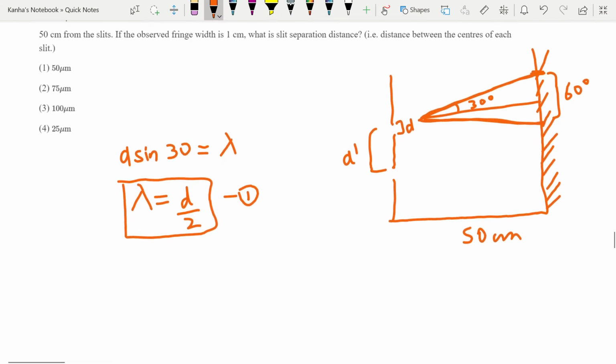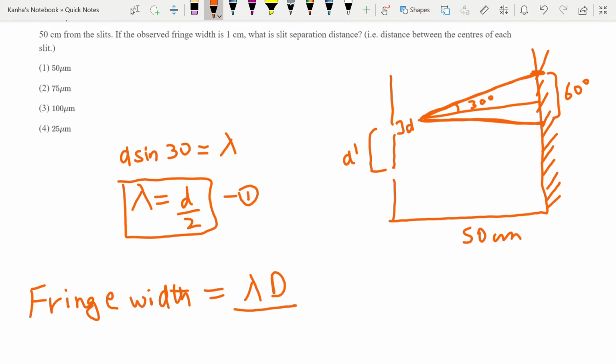Next, we consider when the Young's fringe width has to be included. I've denoted d prime to be the separation between the two slits. So my fringe width for a Young's double slit experiment is what? It is lambda D divided by d prime.